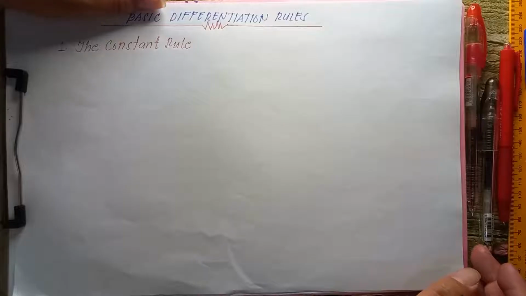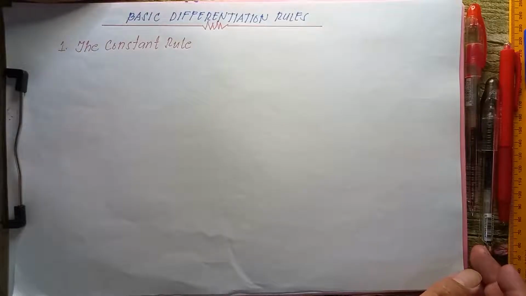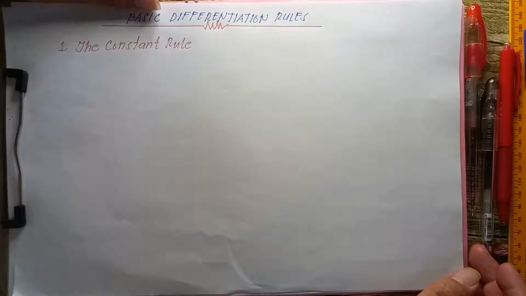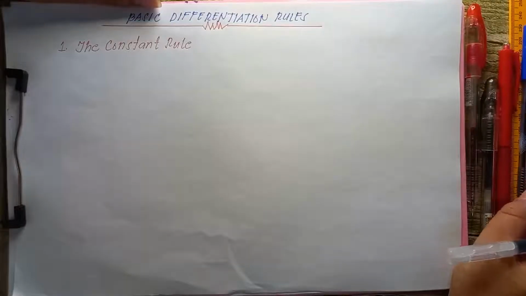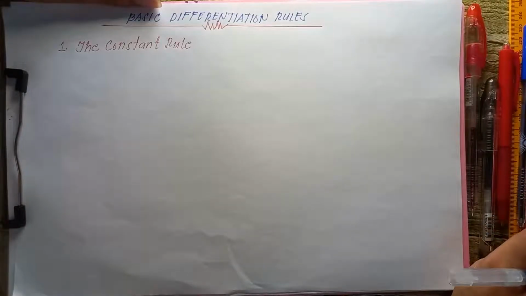Okay, so again, our focus today is of course the basic differentiation rules. Meaning to say, these are rules that will be used in differentiating the limit or getting the derivative of the function.